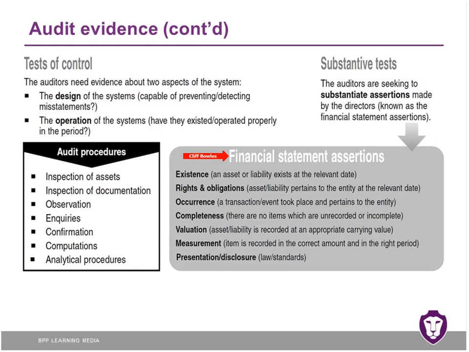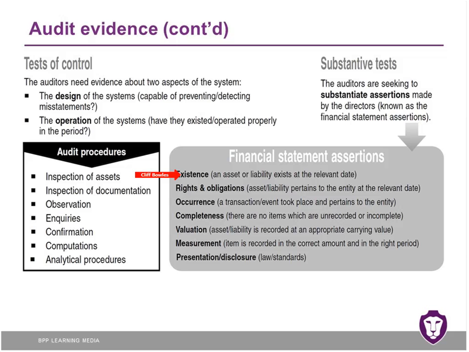But once, for example, in an external audit sense, if the management of a company gives to the auditors a set of financial statements, what they're doing is making assertions about the information in those statements. They're asserting, for example, if they've got an asset on the balance sheet, that asset actually exists. It's really there, and as an auditor you can go and find it.